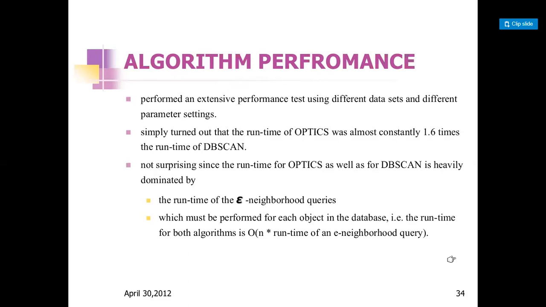This is not surprising, since the runtime of OPTICS as well as DBSCAN is heavily dominated by the runtime of the epsilon neighborhood query, which must be performed for each object in the database. So the runtime for both algorithms is O of N times the runtime of the epsilon neighborhood query.